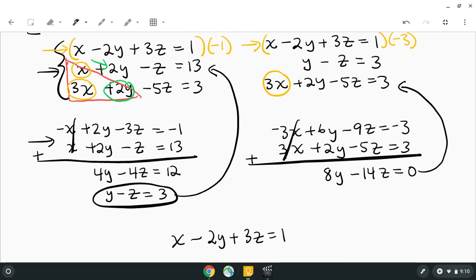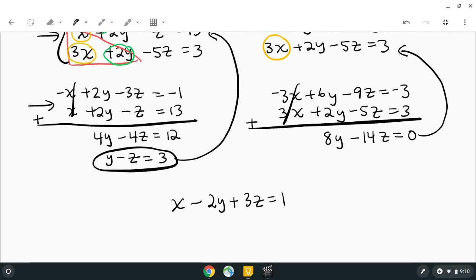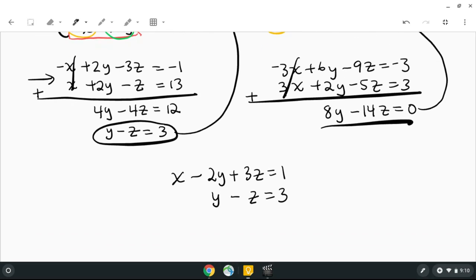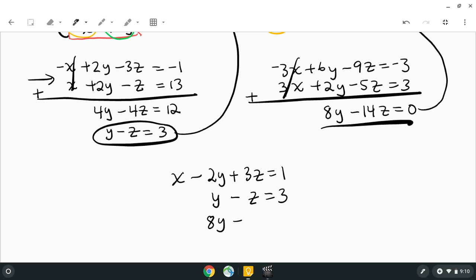My second equation is y minus z equals 3. And my third equation is the latest one that I got, this one over here, 8y minus 14z equals 0.